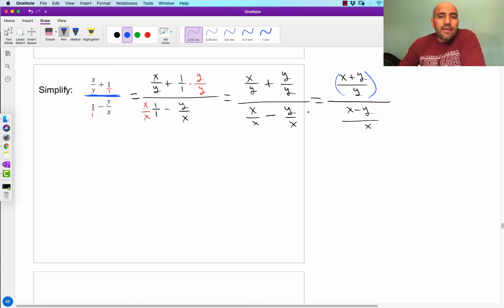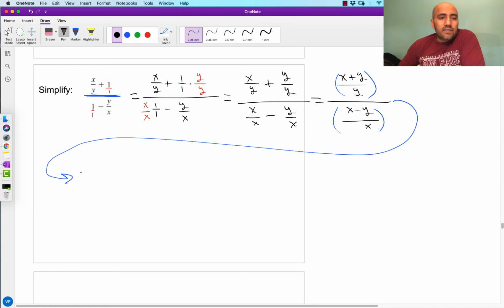So again, I've accomplished my goal of rewriting the numerator into a fraction, rewriting the denominator into a fraction, and now we use our common pattern that we've established before, that this is going to be equal to the numerator times the reciprocal of the denominator. So this will result in x plus y over y times the reciprocal of the denominator, which would be x over x minus y.